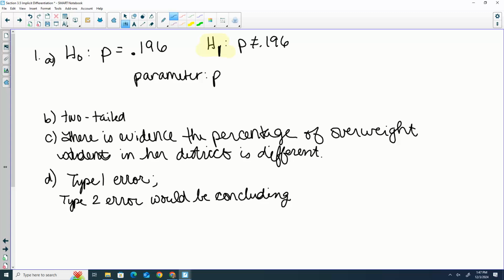Right, so type 2 would be concluding the proportion is 0.196 when it is actually different. Any questions there?